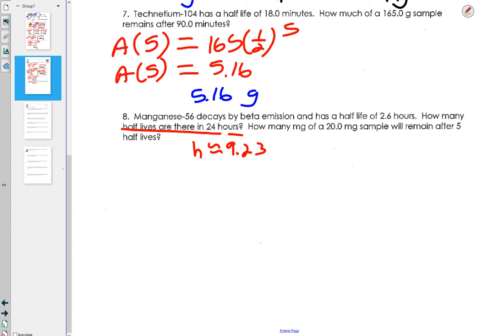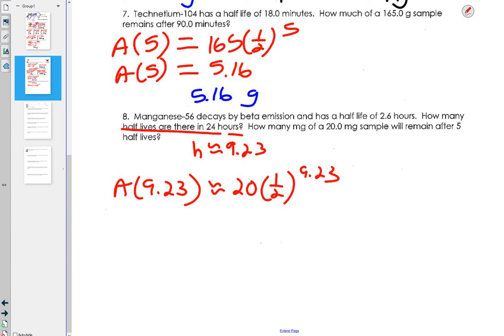So how many milligrams of 20 milligram capsule will remain after 5 half-lives? So the amount after 9.23 hours is going to be approximately the initial amount, which is 20 times 1/2 to the power of 9.23.